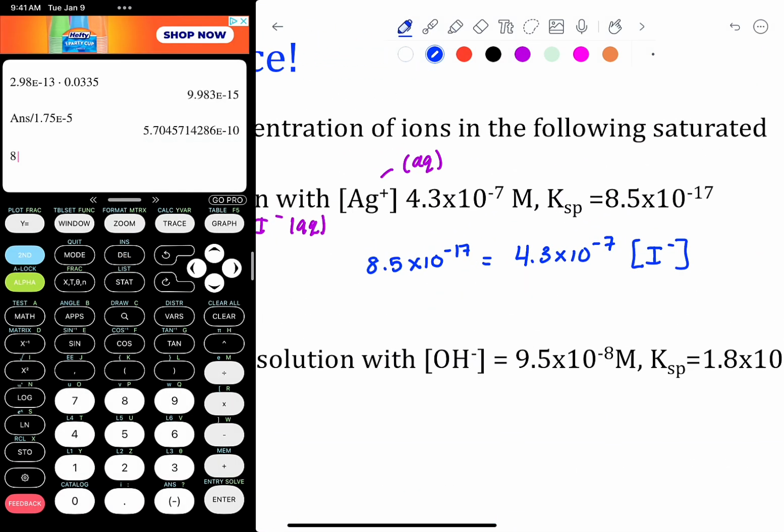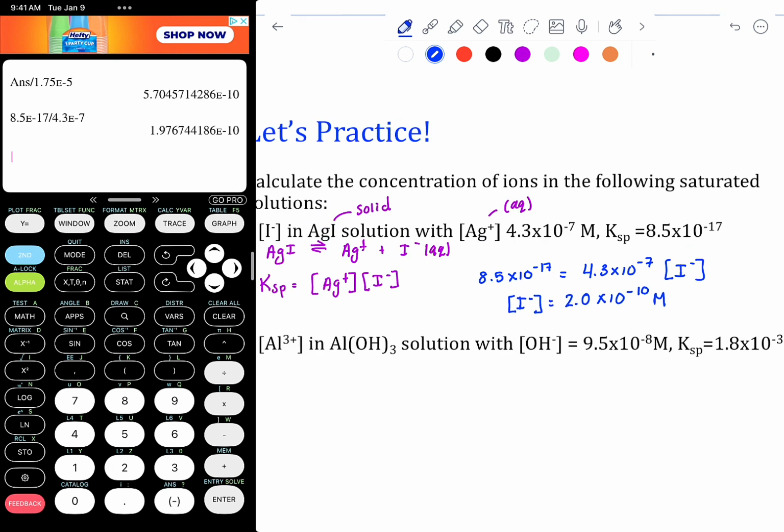We'll take 8.5 times 10 to the minus 17 divided by 4.3 times 10 to the minus 7. And we get that the iodide concentration is 2.0 with sig figs, 1.97 rounds up to 2.0 times 10 to the minus 10 molar. And that is our concentration.